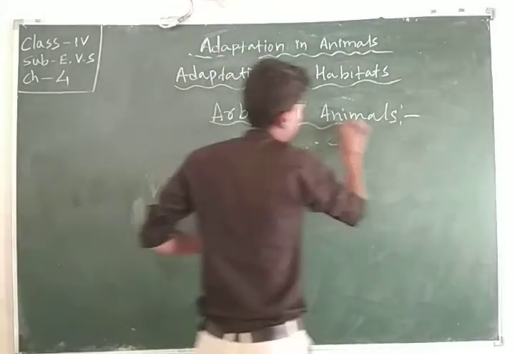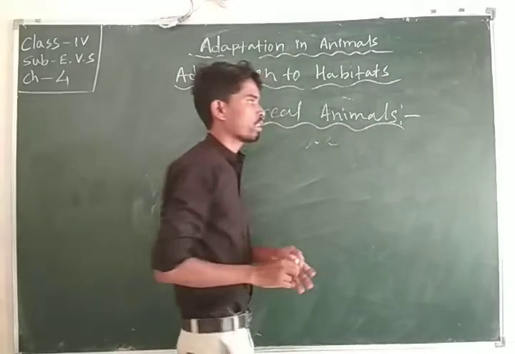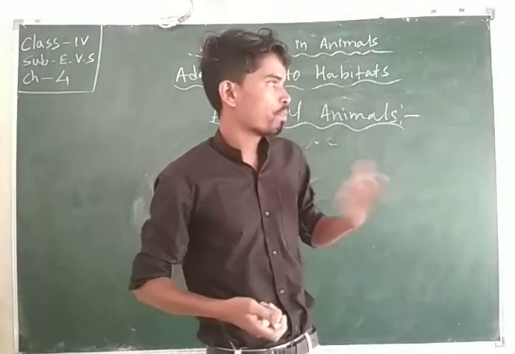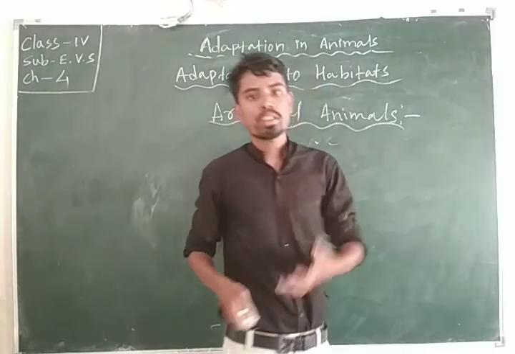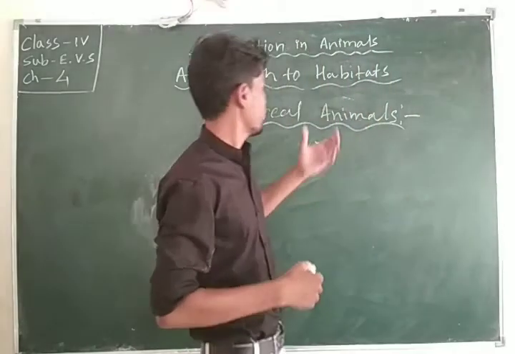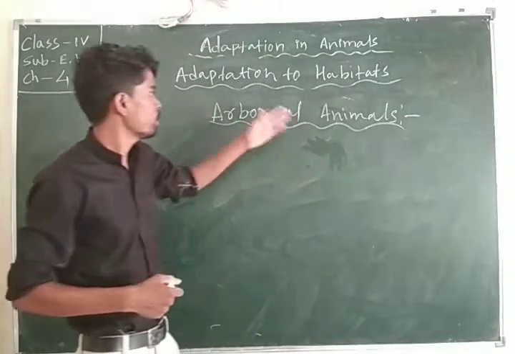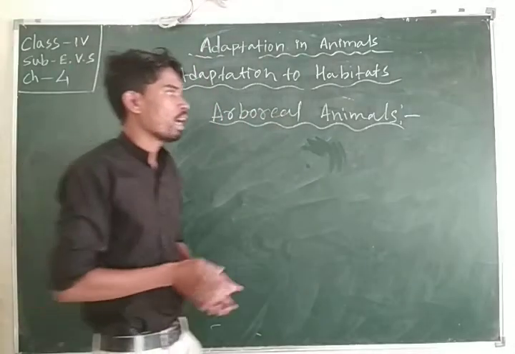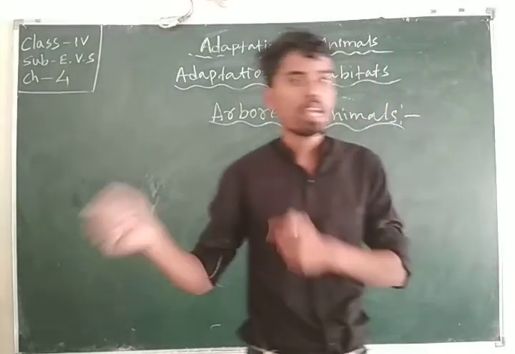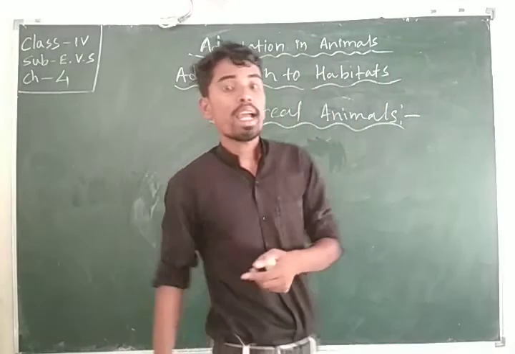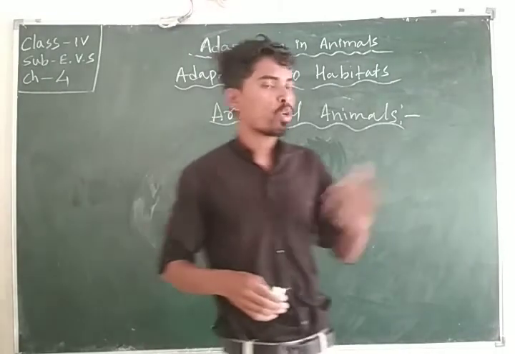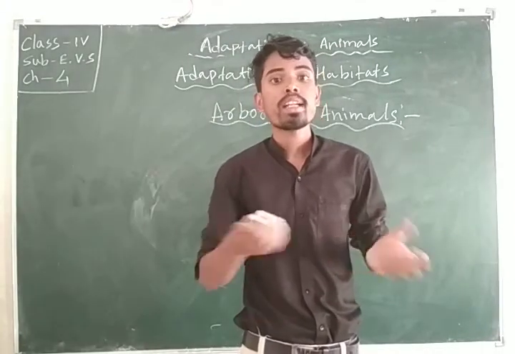Arboreal animals are like the chimpanzee, monkey, and different types that live on trees. They have a long tail, and they balance their body with the help of their tail.